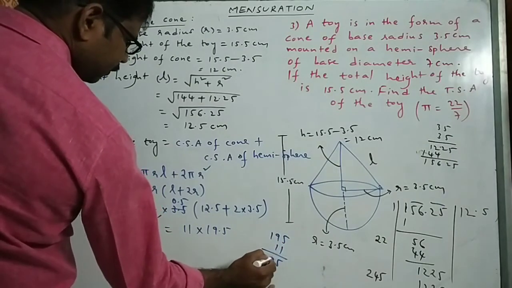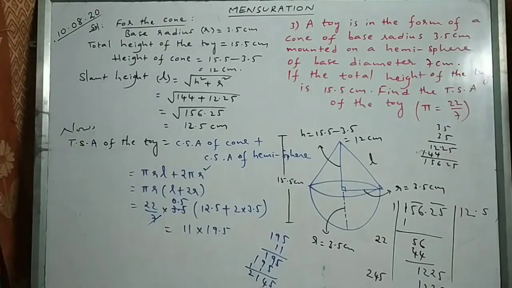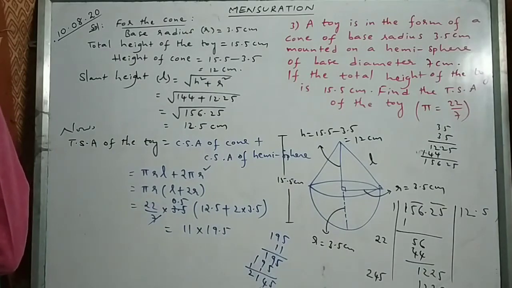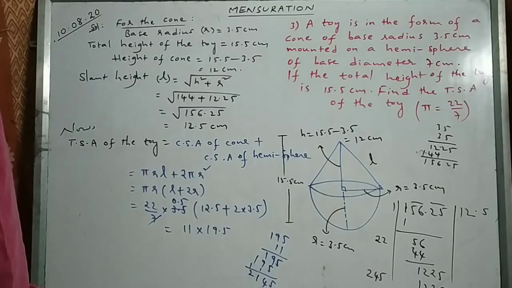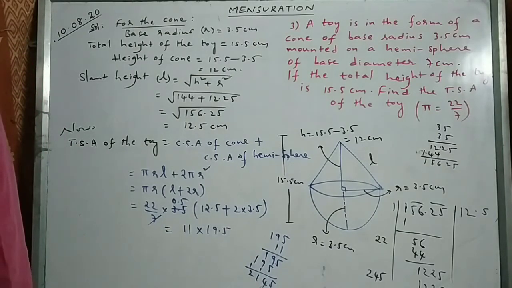We should check 19.5 times 11, right? Check the calculation once again.